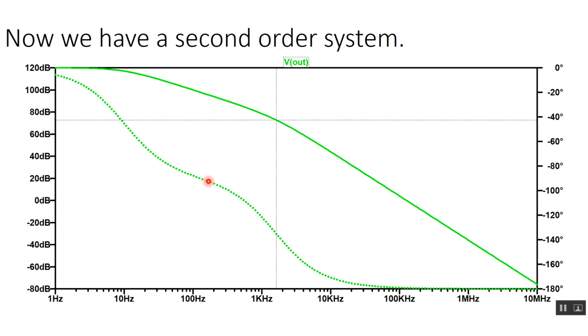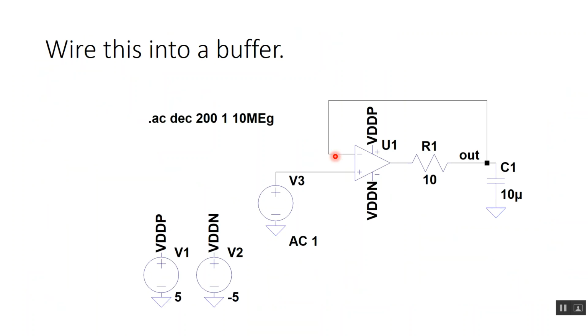And because I can see these two distinct humps in the phase and two distinct slopes in the magnitude, it's overdamped because you can see the two real roots there. So that's overdamped, which isn't going to ring.